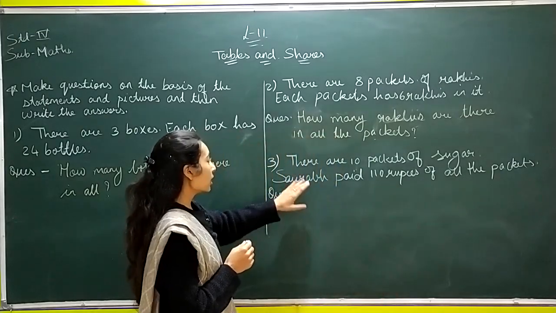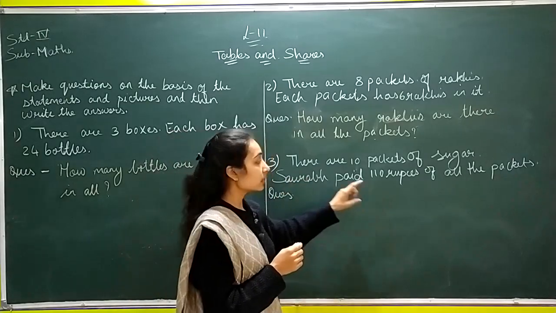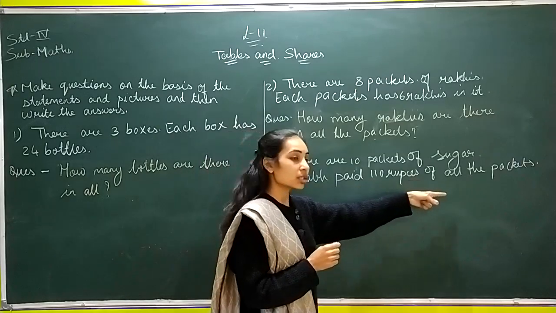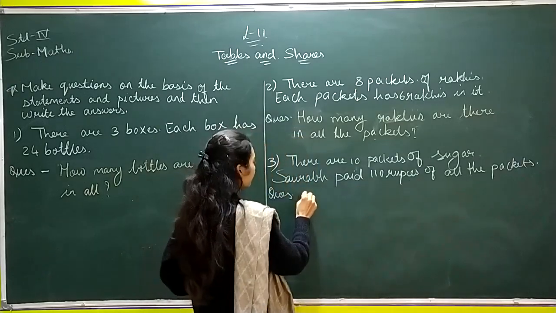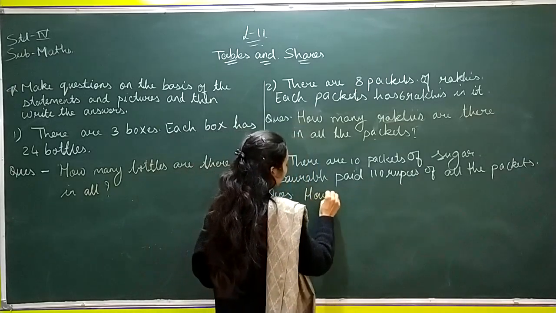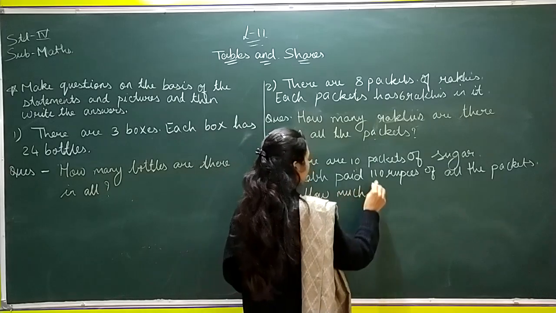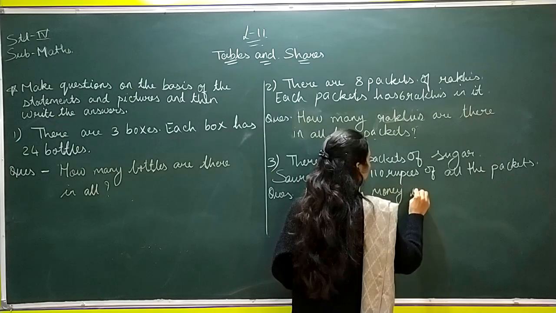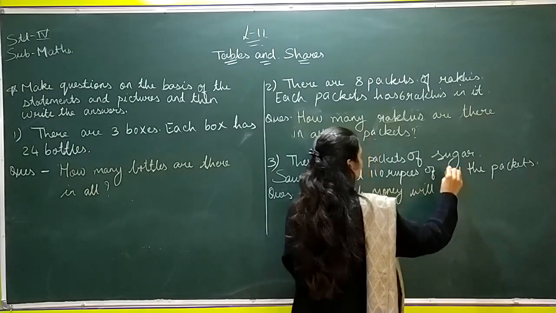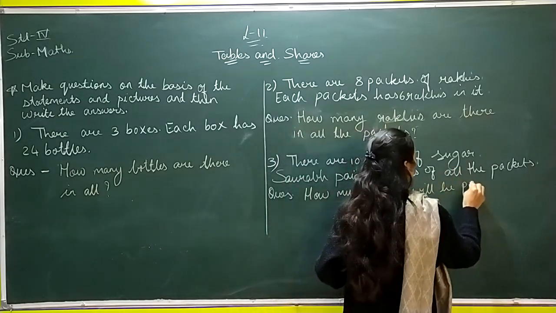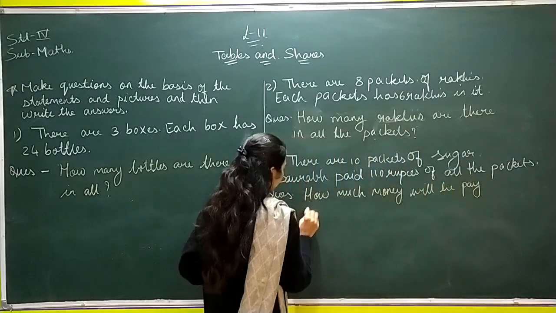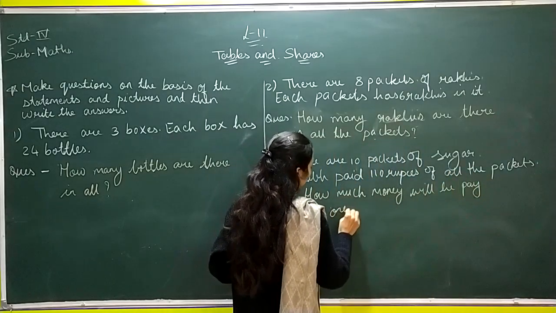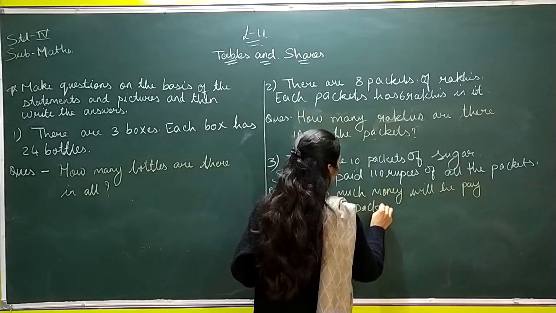So let's write the question here. There are 10 packets of sugar. Saurabh paid 110 rupees for all the packets. Then how much money will he pay for one packet?